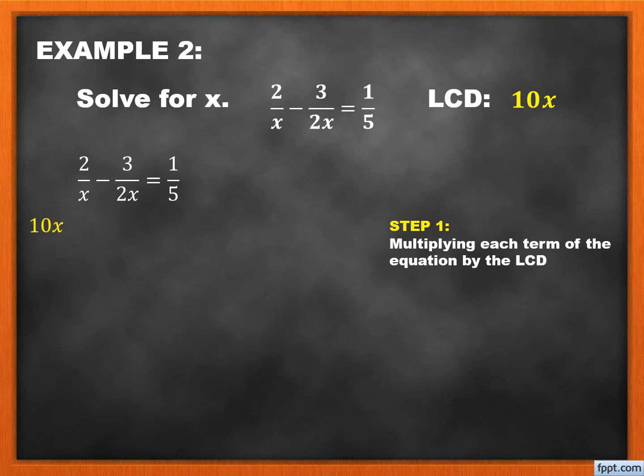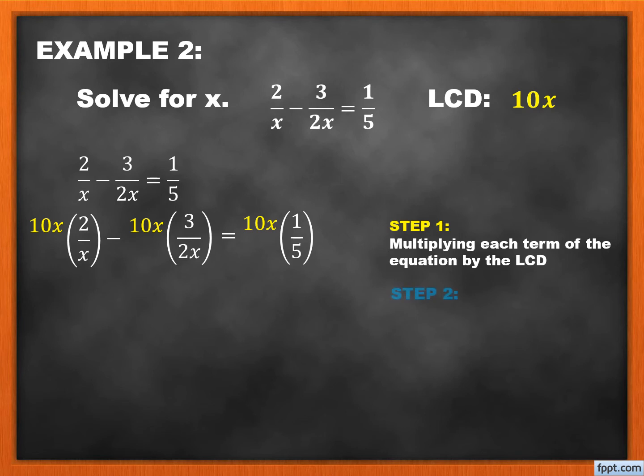As we have 10x times the first term, which is 2 over x, minus 10x times the second term, which is 3 over 2x, equals 10x times 1 over 5.